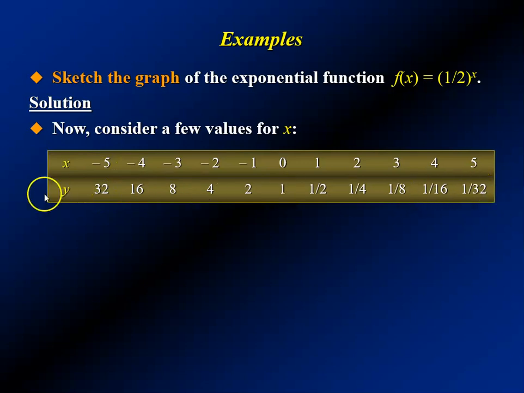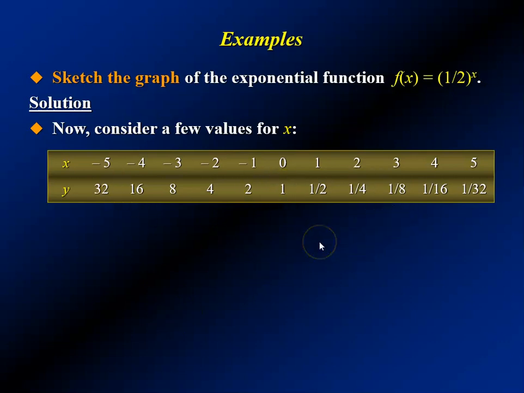You can observe that the function 1 over 2 to the power of x is a reflection of f of x equals 2 to the power of x. The values are: 1 over 2, 1 over 4, 1 over 8, 1 over 16, because you have 1 half squared, so 1 half times 1 half, and 1 half times 1 half times 1 half. You just multiply the denominators, so you have these values.